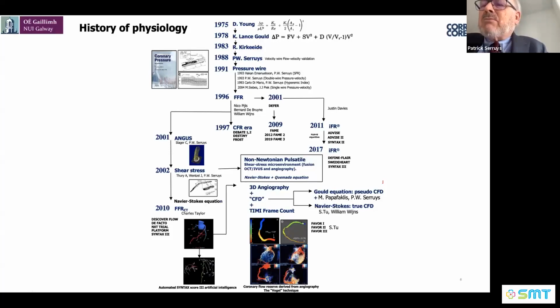And at the bottom of this slide, you can see what maybe will come in the future, which is going back to the past: on top of the color-coded quantitative flow ratio with angiography, we could also have the coronary flow reserve with video densitometry and the technique of angiography. Next slide.